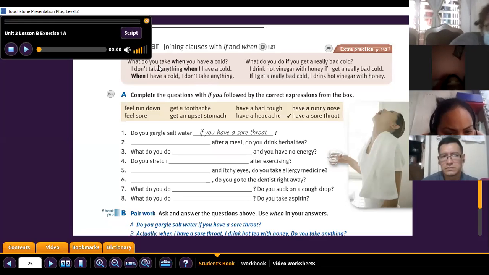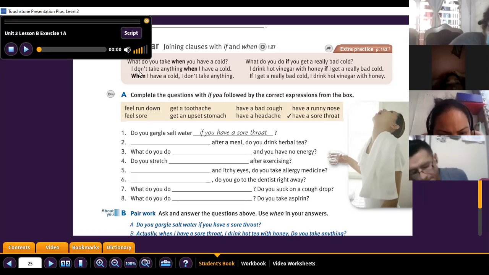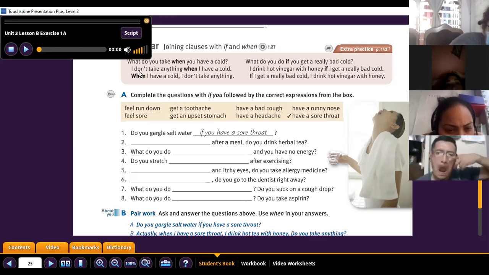For example, what do you take when you have a cold? And the person says, I don't take anything when I have a cold. Someone answered this some minutes ago. Or you can say, when I have a cold, I don't take anything. So you can switch the positions and the meaning is the same.